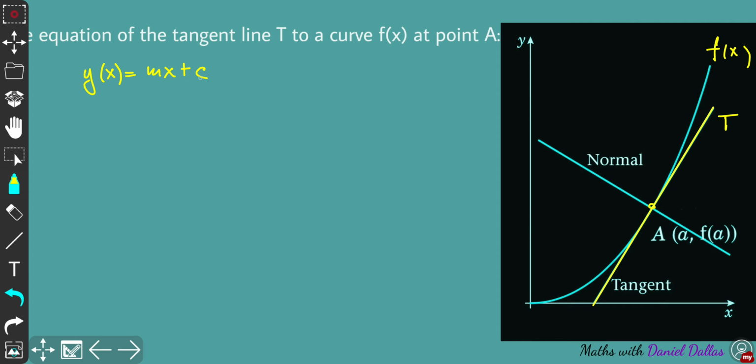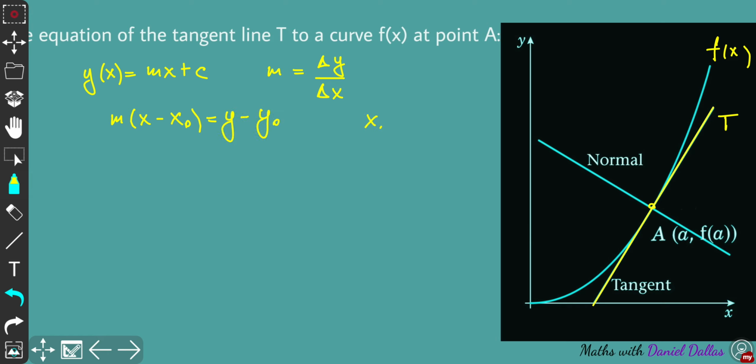Okay, but it's not really convenient for this, and that's why let's rewrite. Just remember what m, the gradient, is by definition: change in y coordinates between two given points on the line over change in x. So if we rearrange that, we can say that m times (x minus x0) will be equal to y minus y0.